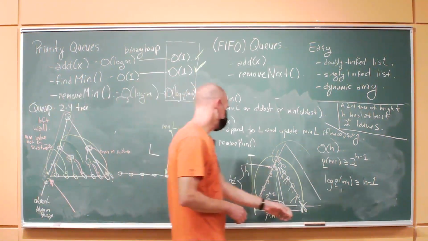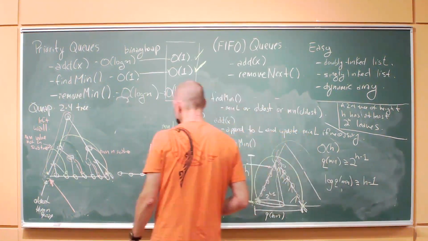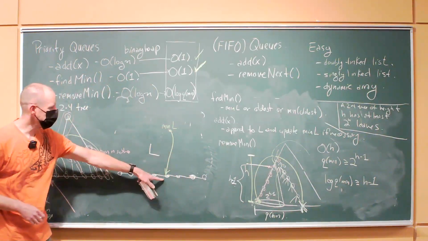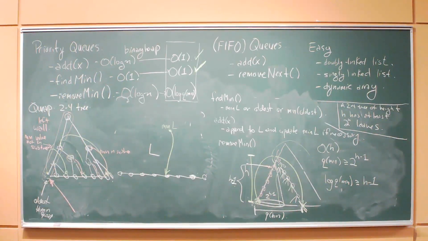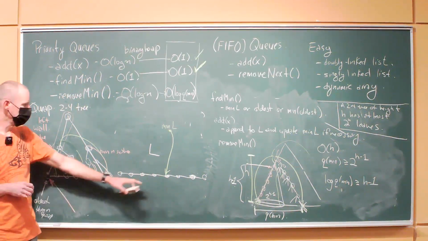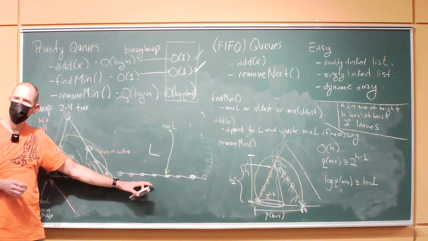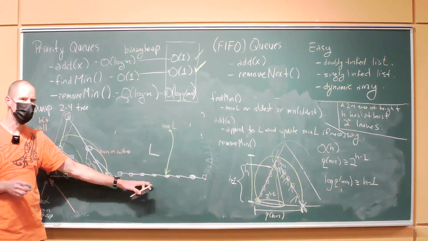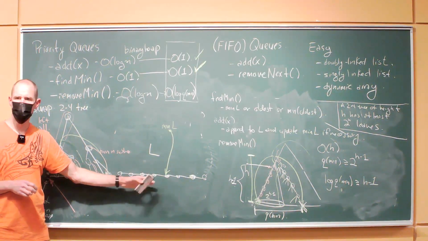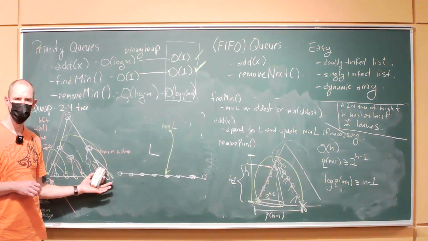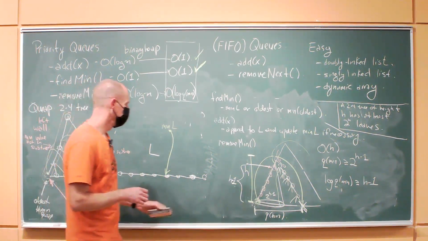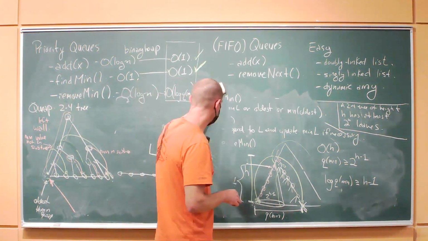The second case is when it's in the list here. And to handle that, we're going to do something extremely destructive or constructive, depending on how you look at it. We're going to take everything from the list and put it in the tree. So what's that going to look like?